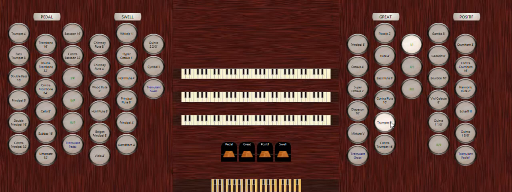Quite low. Then we have a couple of trumpets here. 8-foot trumpet. Very nice brass sound, quite loud, quite full. And I like how the guy that recorded the audio files for these trumpets, I'm very glad he did this.